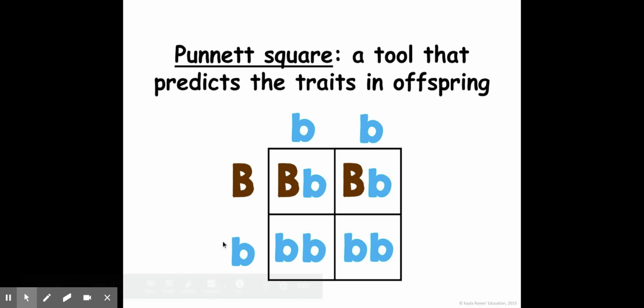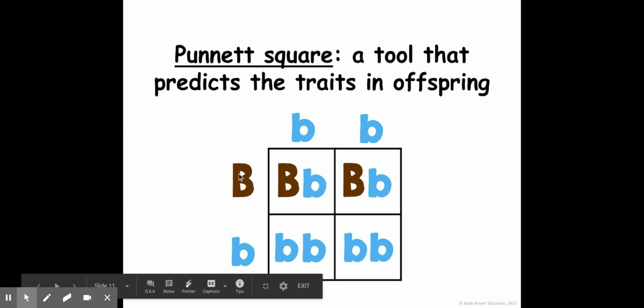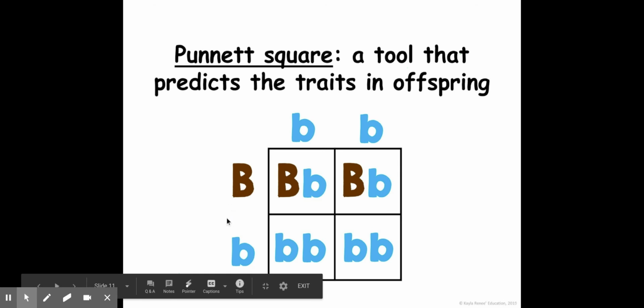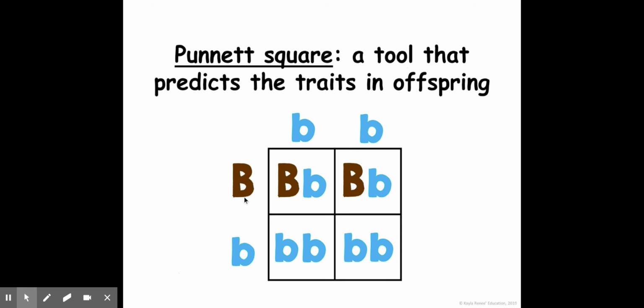Now, mom's phenotype is brown eyes because we have our capital B, but her genotype is heterozygous. So we have a heterozygous genotype that results in a brown phenotype, and we have a homozygous recessive dad.